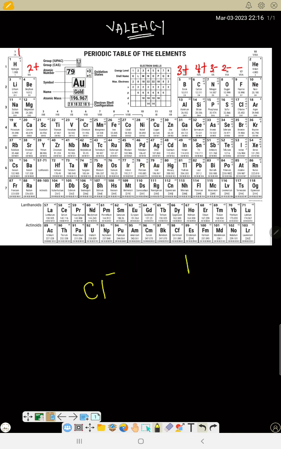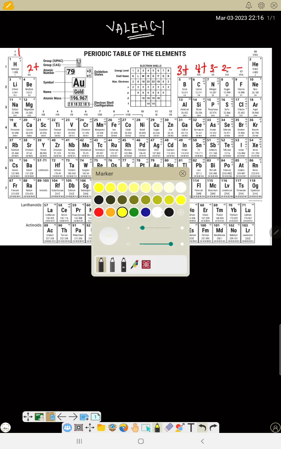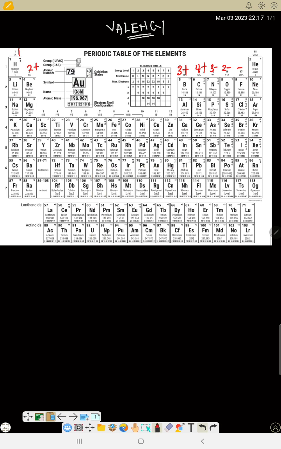Now we will see how we can use this to name a binary compound. To name a binary compound, I will group it into metal and non-metal, non-metal and non-metal, transition metal and non-metal. Now group 8, we have valency of 0.